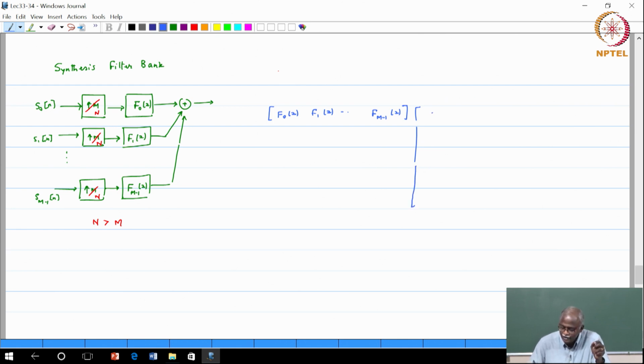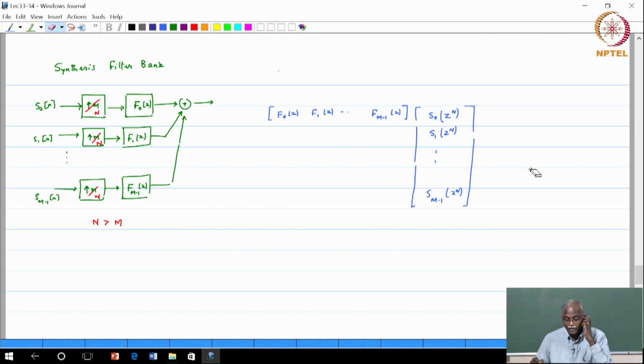In this case it will be S naught of z power n, let me just write it in the context of upsampled by a factor of n. This will be S naught z power n, S1 z power n, and the last one would be S m minus 1 z power n. Okay.